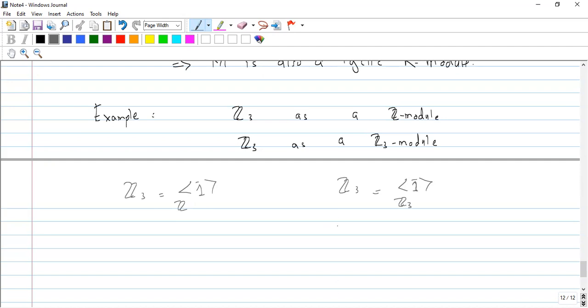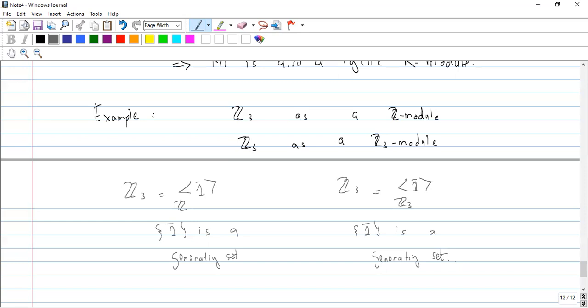So here 1 bar is a generating set, and here also 1 bar is a generating set. Now, also in the case of vector spaces, we know that not every generating set or spanning set is a basis.